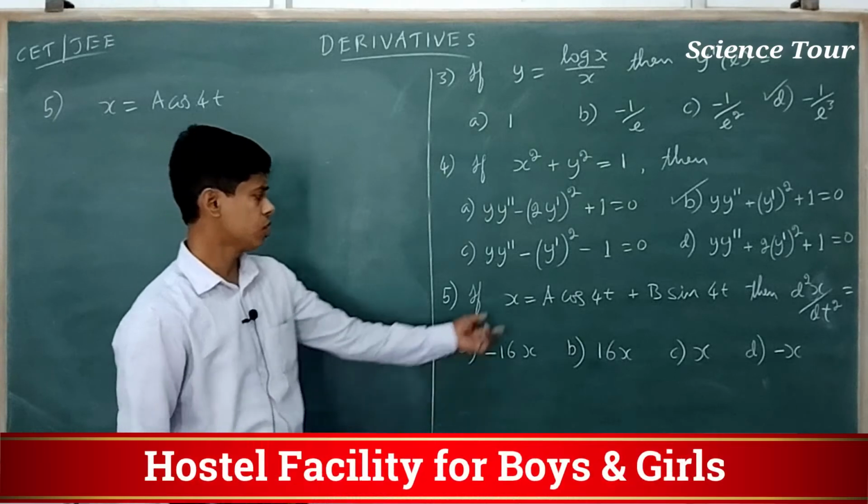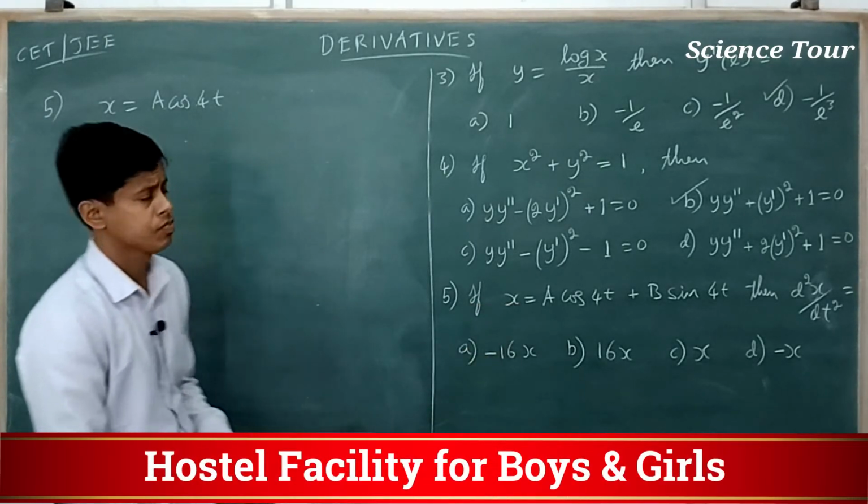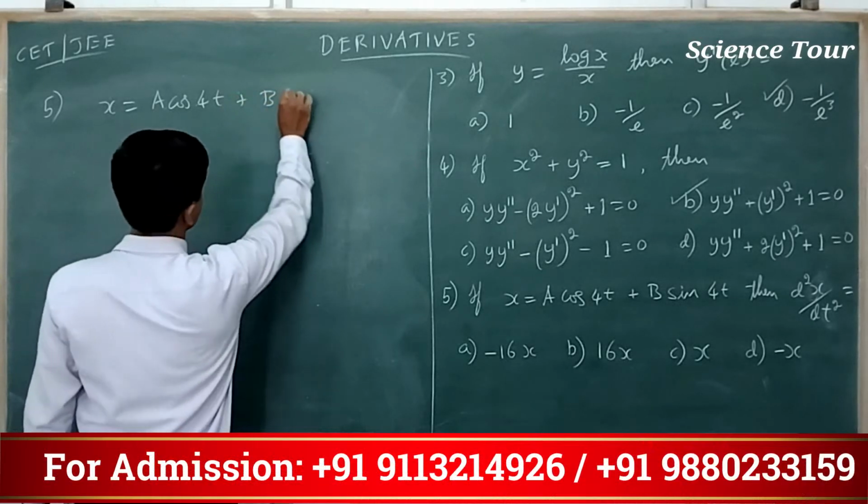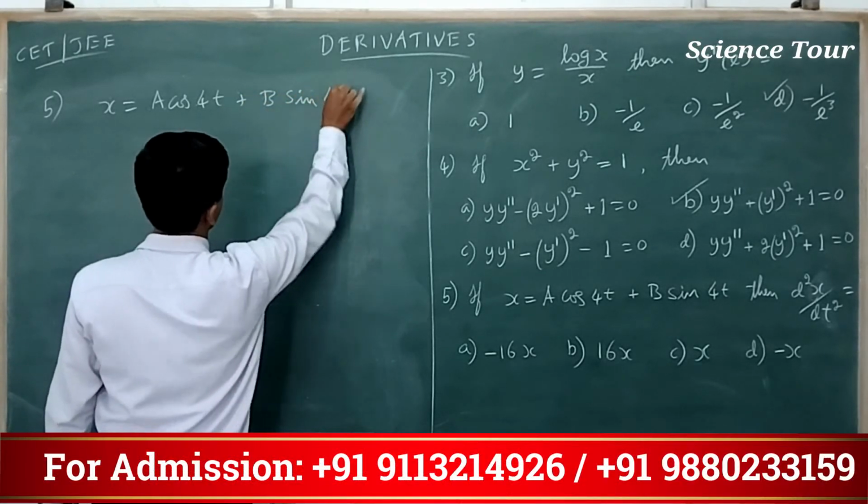That means you have to differentiate x twice, with respect to t.